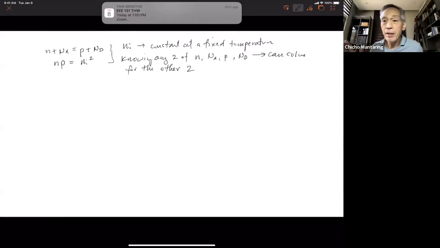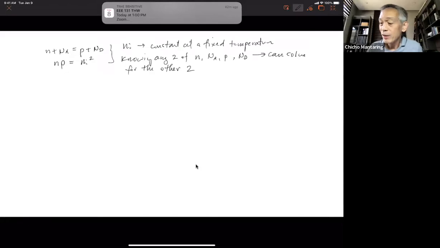And I encourage students just to remember this. For example, in the notes, it gives you an equation how to solve for N, how to solve for P, and I don't like students memorizing equations.